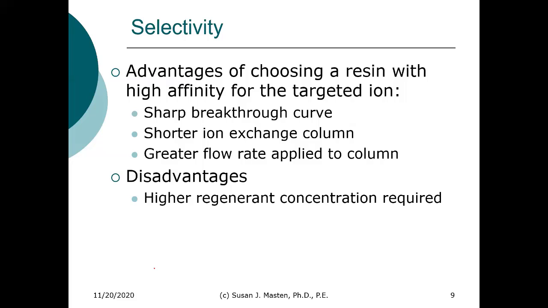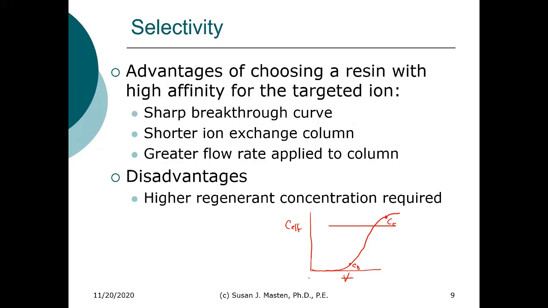So if you have a resin with a high affinity for that ion, and if we plot C effluent versus the volume that we treat, we get a breakthrough curve. And we talked about the concentration of breakthrough. The theory is identical to what we used for adsorption. And we have C exhaustion.